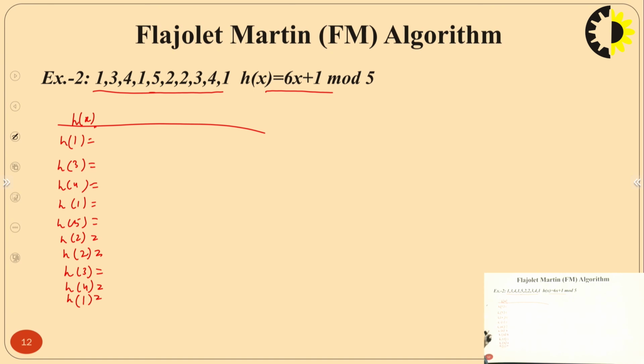Now we have to calculate these values by applying the same hash function, which is 6x plus 1. So we are replacing the value of x here, solving this expression, and then we are getting some value.